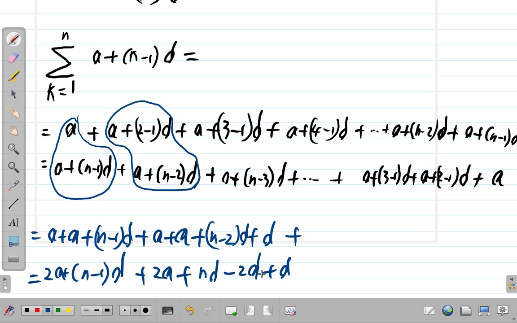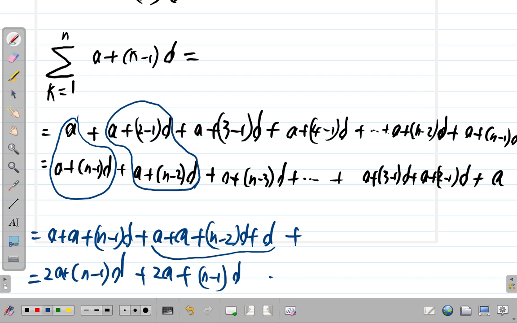It would be minus D. So this part would be minus D. And when we factorize here now, put D outside the bracket, what we have is D and n minus 1. So we get n minus 1 D. You see that? So that's this part taken care of.